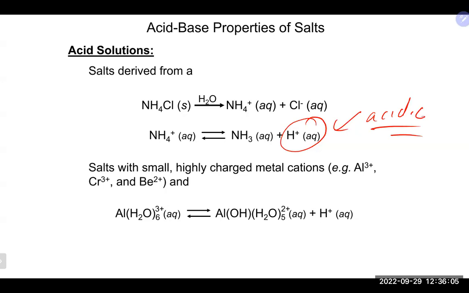Now, there's also another way that you can produce an acidic salt, and it comes from small, highly charged metals like +3s, +2s. A lot of times transition metals do this a lot. But when we have some metal that's floating around in solution, it's really surrounded by water, which is what the aqueous means.